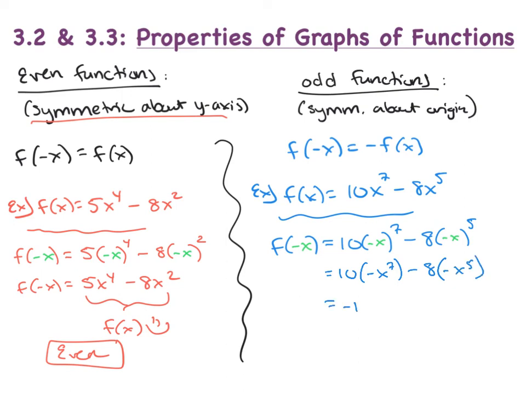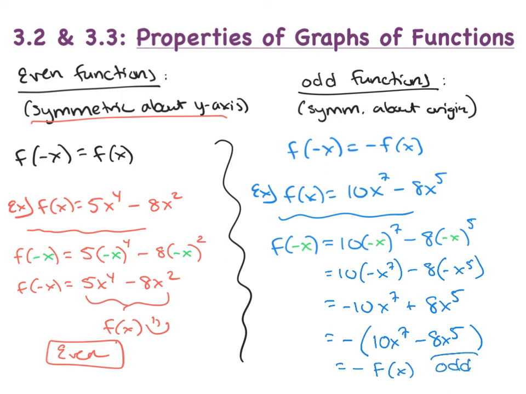So we have negative 10x to the 7th plus 8x to the 5th. And if we factor a negative out of that function, we have negative times the quantity 10x to the 7th minus 8x to the 5th, which is the same thing as negative times f of x. So this would be an odd function.